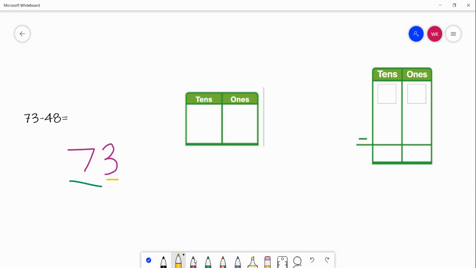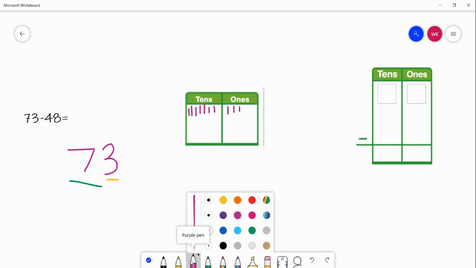So I am going to put that in our tens and ones box. If I can get this pen to work. There we go. So 1, 2, 3. Then we have 7 tens. 1, 2, 3, 4, 5, 6, 7.